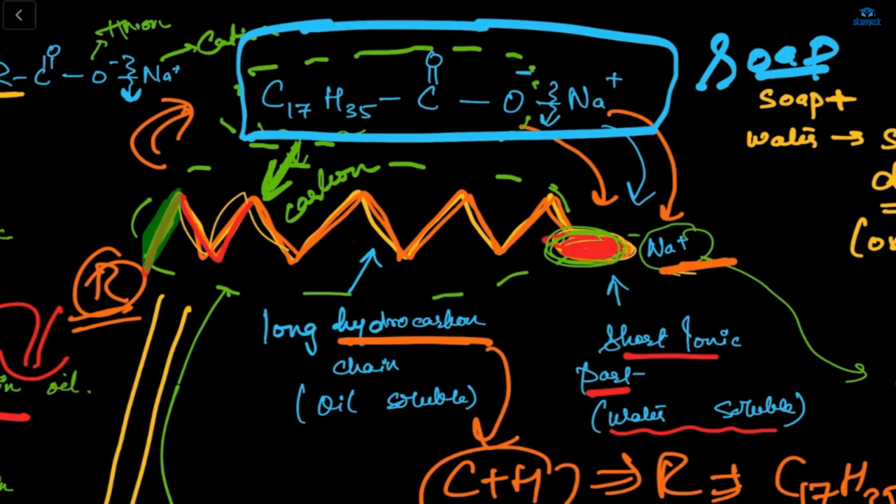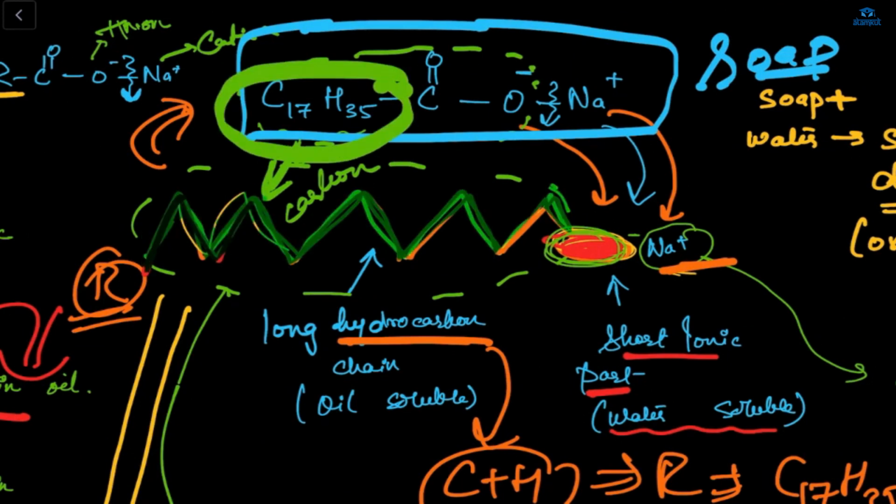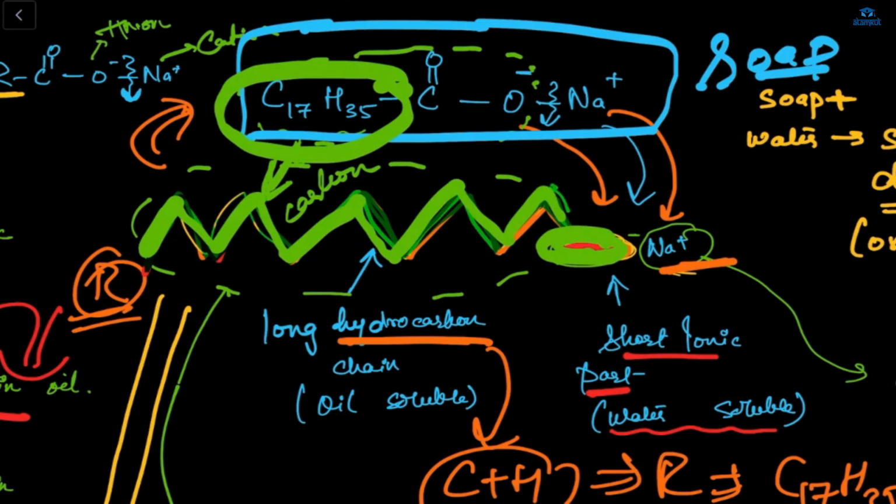This zigzag part is the carbon part, C17H35. Here the small minus is on the O, and Na is this. So the zigzag part is your carbon part, this O minus is your oxygen minus, and this is your Na plus.